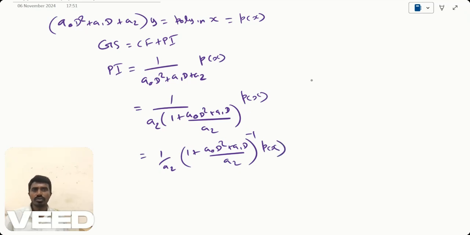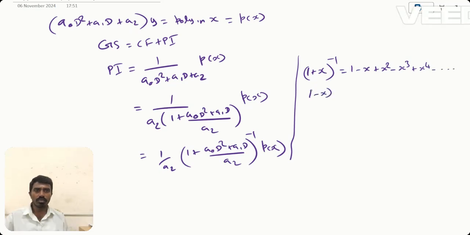Before that, we should know the binomial series formula. That is, (1 plus x) whole power minus 1 is 1 minus x plus x square minus x cube plus x power 4 and so on. Similarly, (1 minus x) whole power minus 1 is 1 plus x plus x square plus x cube plus x power 4 and so on.